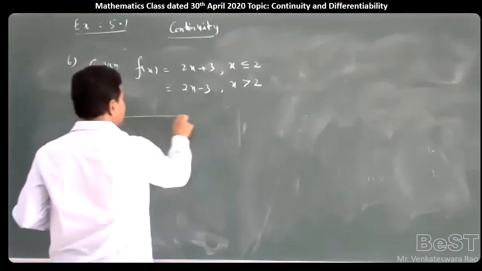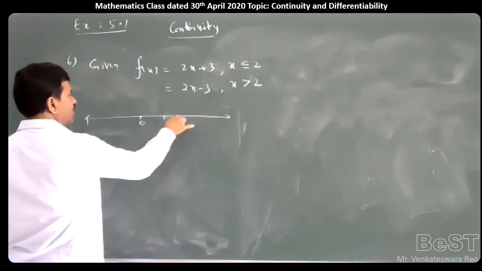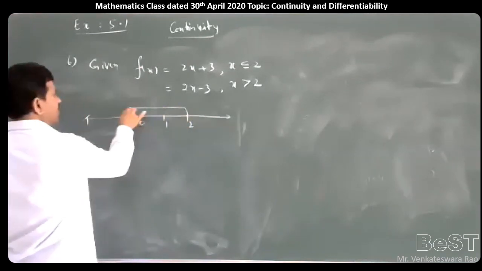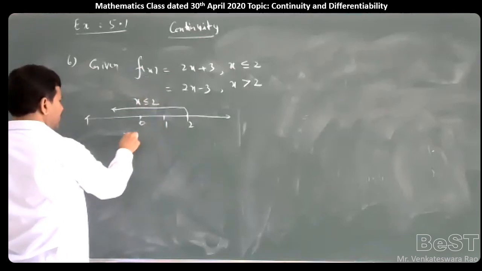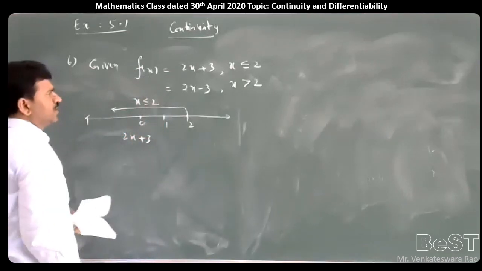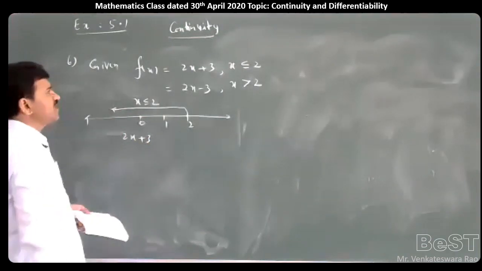Denoting this on the real line, 0, 1, 2: when x value is less than or equal to 2, the function is 2x plus 3.